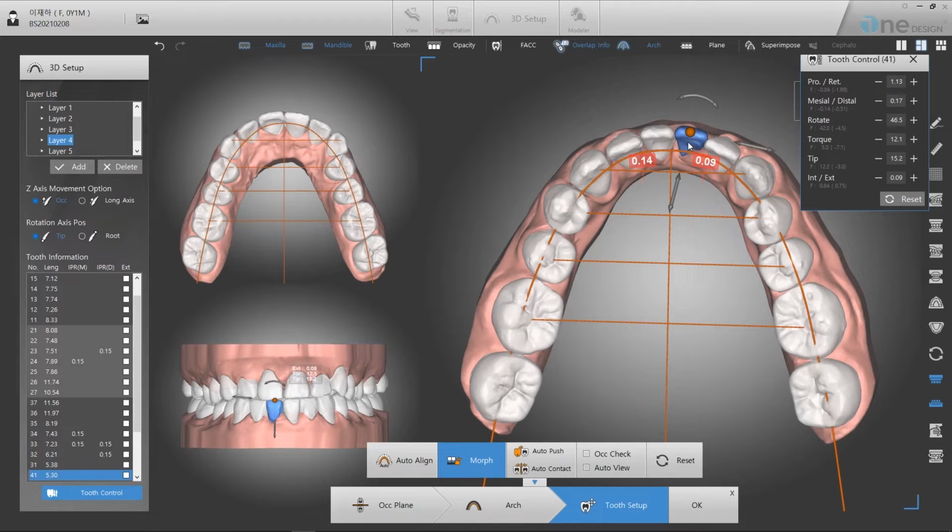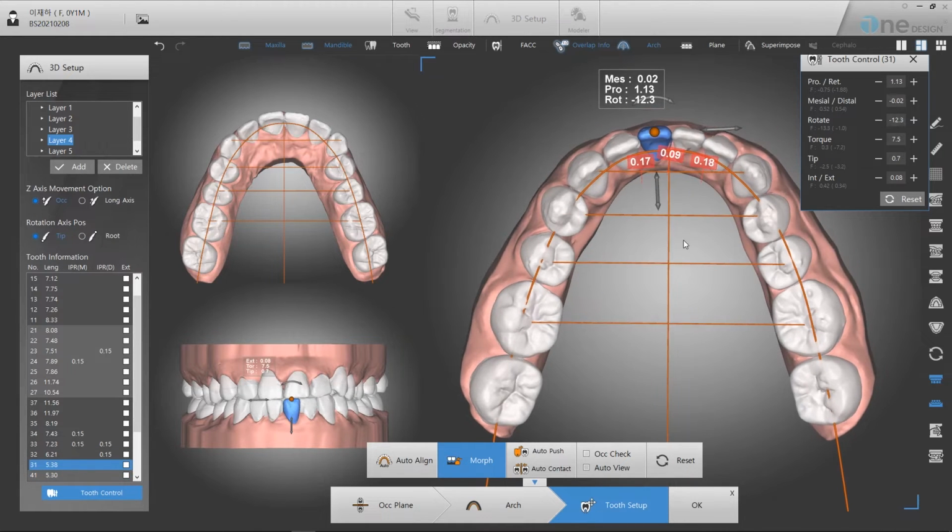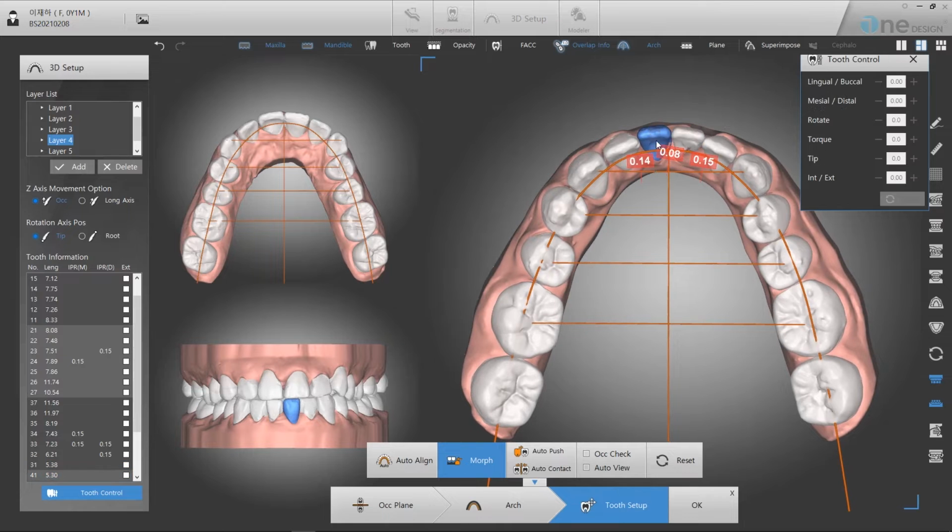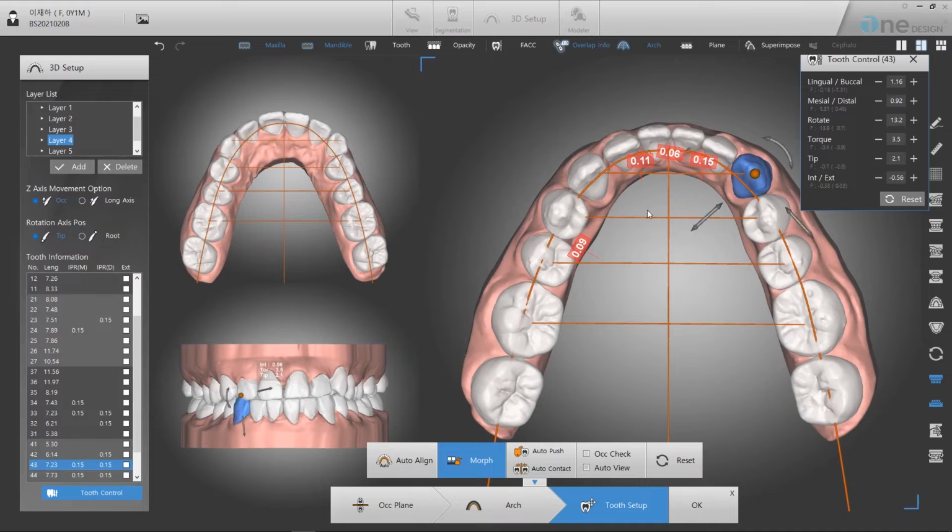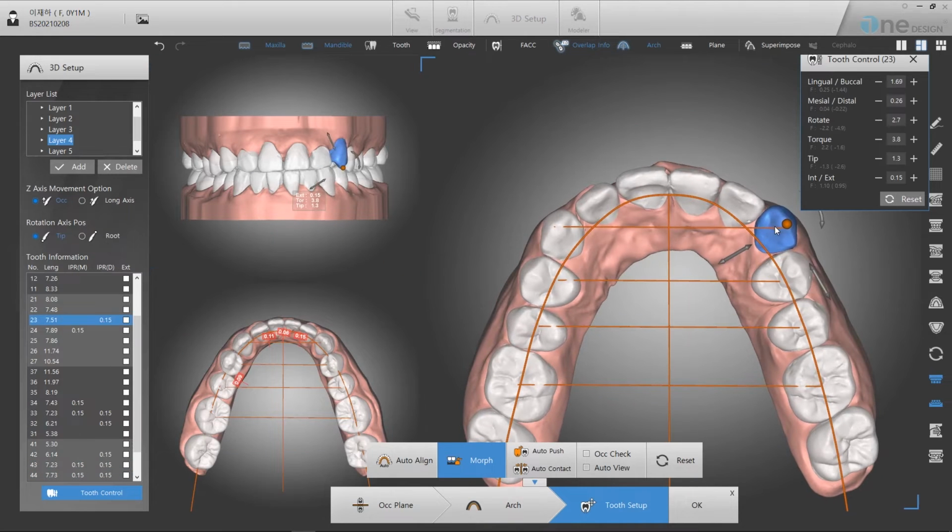Adjust all teeth to be close to the target arch line. Apply more retraction to the mandible to prevent occlusal interference.